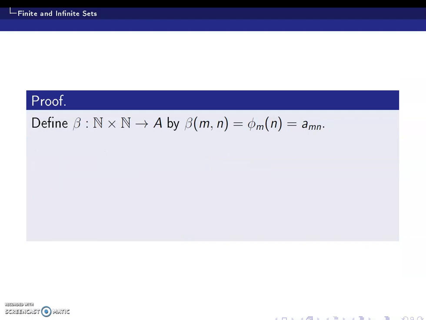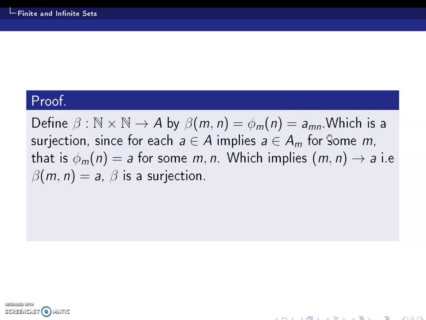So what we have done is we have associated an arbitrary element of A with an ordered pair which belongs to N cross N. So we define a function beta from N cross N onto A by beta of (m, n) equal to phi_m of n, which is a_mn. a_mn means the nth element corresponding to the set A_m, which is clearly onto.